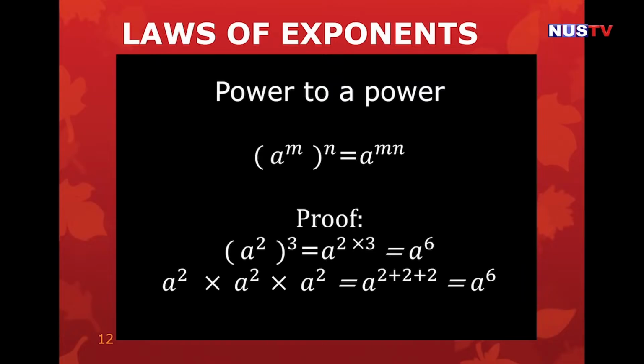Now, where did this come from? Again, the exponent is the number of times you are multiplying the term. So the power of 3 outside the bracket means you are going to multiply a to the power of 2 three times: a to the power of 2 times a to the power of 2 times a to the power of 2.